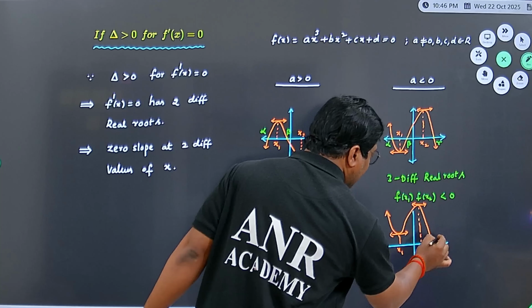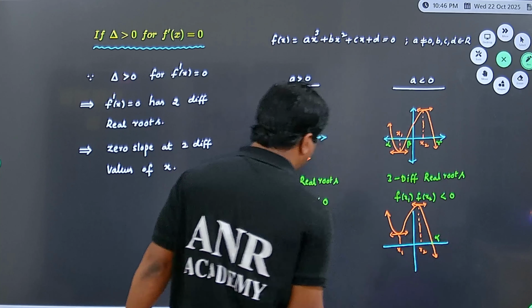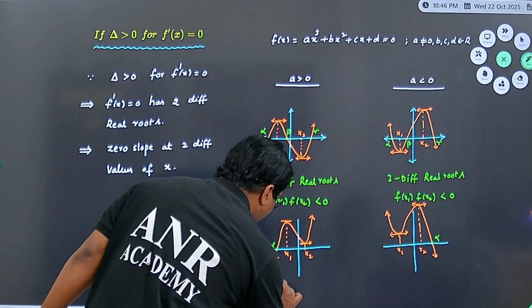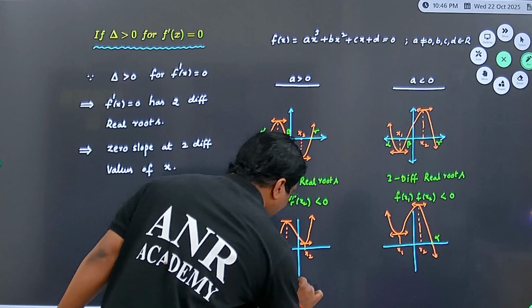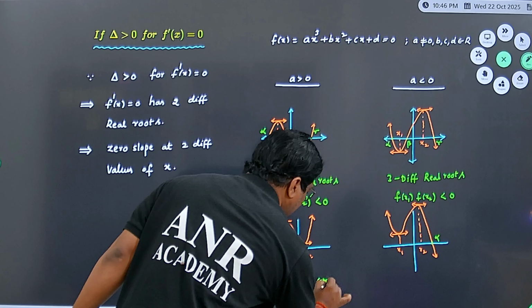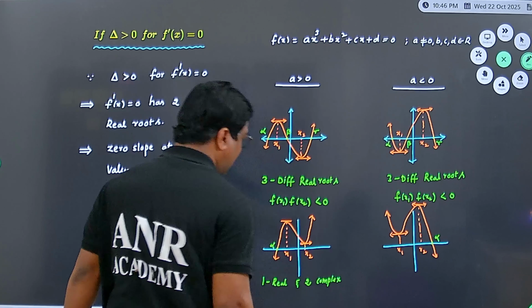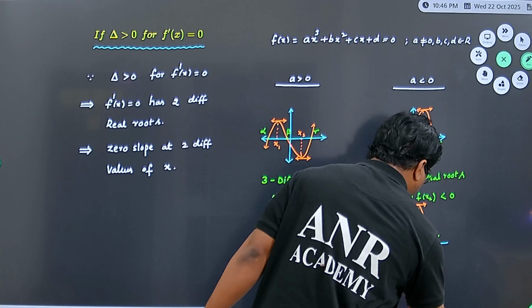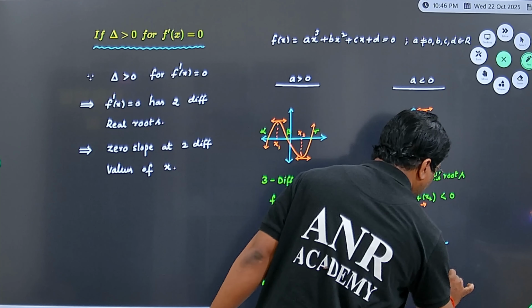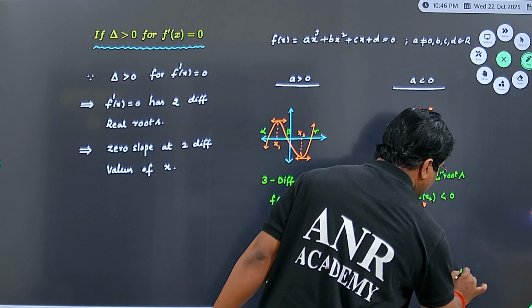I am going to write here: one real, and the remaining two complex conjugate. One real, two complex conjugates in this case.